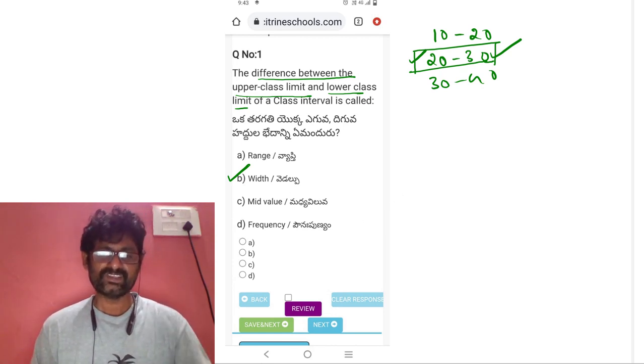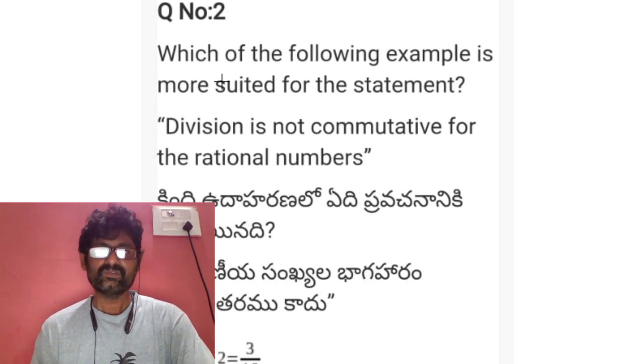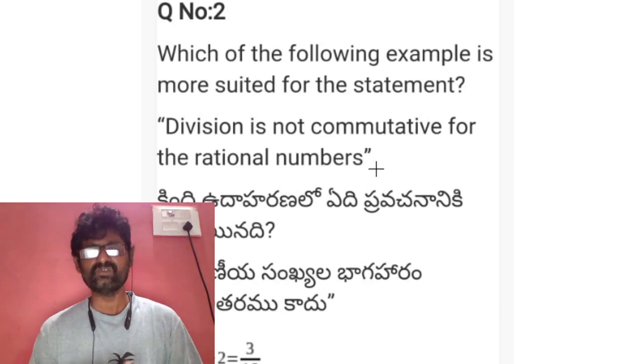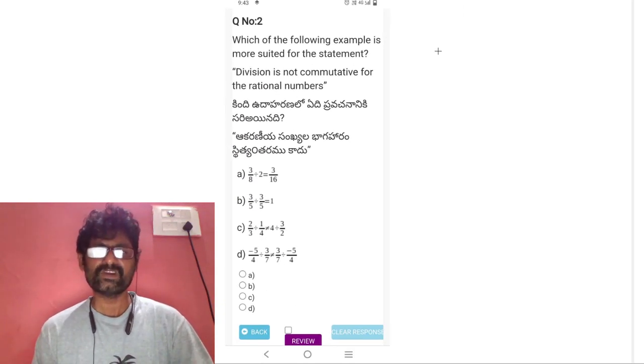Okay, let's go to the next, second problem. Which of the following examples is more suited for the statement: division is not commutative for rational numbers? For that, we need to take the suitable example. First of all, what is the commutative property?